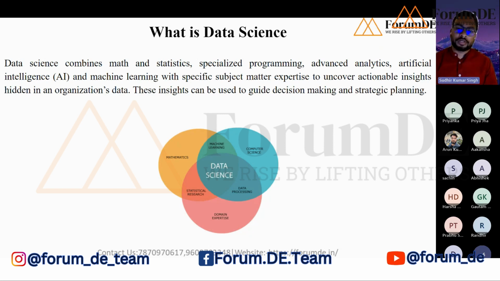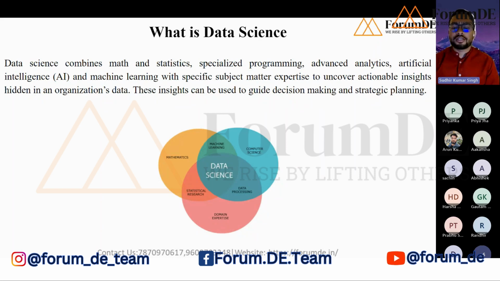We can okay. So data science is a combination of, like, we can see the circles, one circle is of mathematics, and others cover computer science and domain expertise. Combining all this information, data science is a combination of mathematics, machine learning, data processing, statistics, and the knowledge of a programming language.